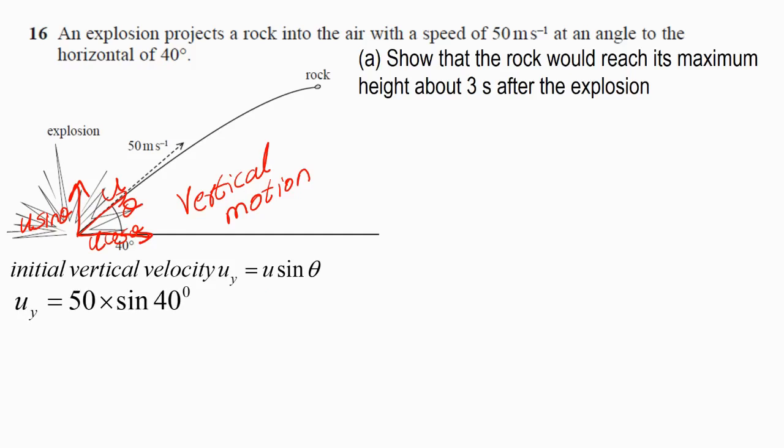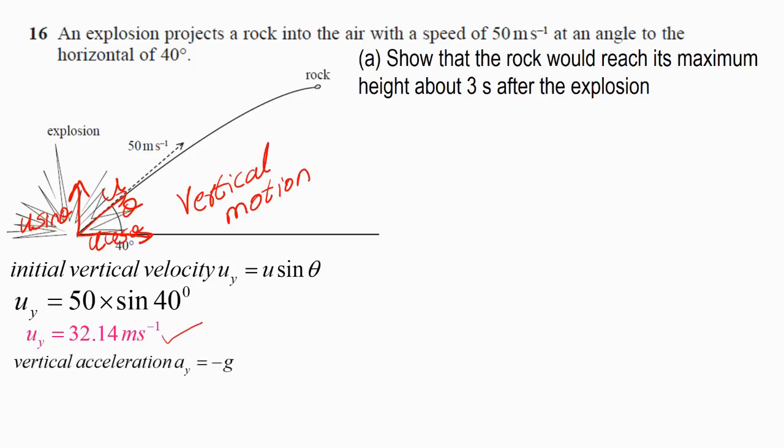The initial speed is given as 50 meters per second and theta is 40, so it is 50 sin 40. You will get the initial vertical velocity as 32.14 meters per second.